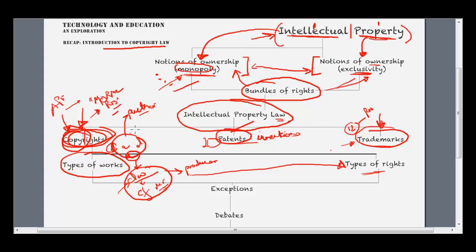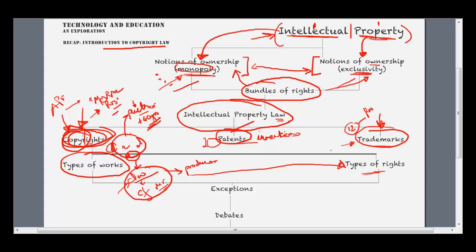Under copyright law, the term of copyright under Indian law for most works is the lifetime of the author plus 60 years. So that's a pretty long duration. So lifetime of the author plus 60 years.